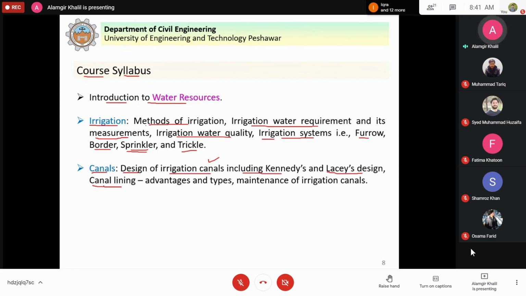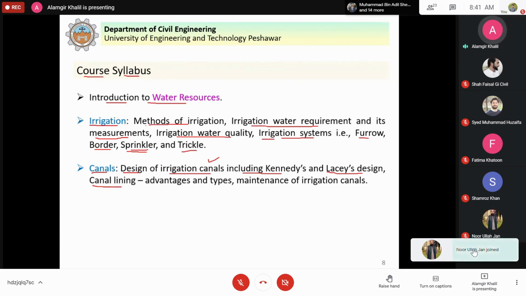In order to prevent these losses of water, we can provide lining for canals. For this we have to provide material that is impervious to prevent loss of water. So we will study canal lining, its advantages and types.